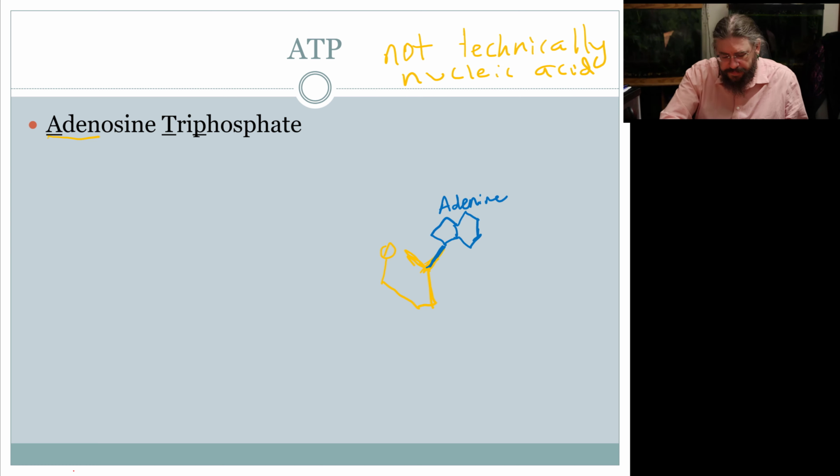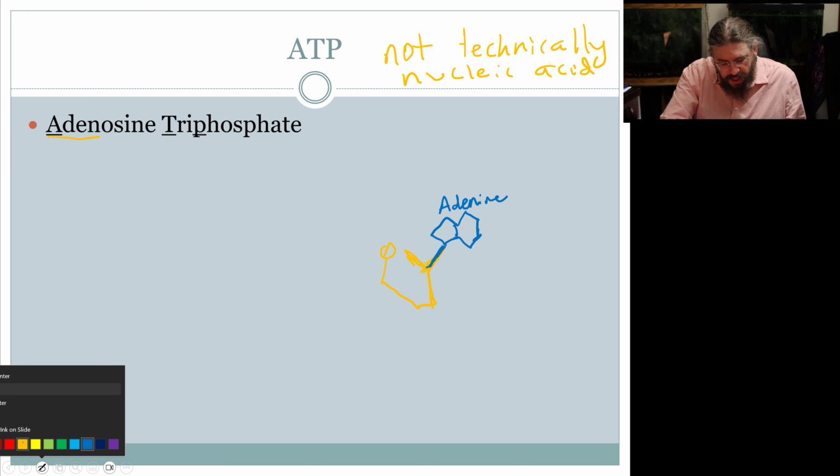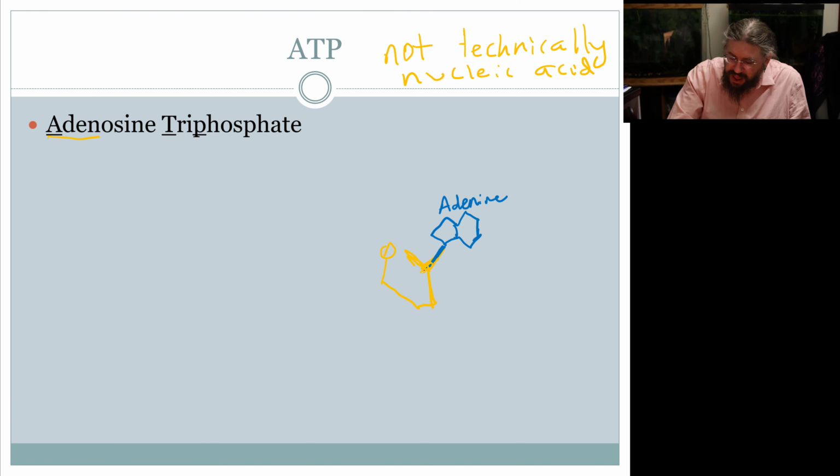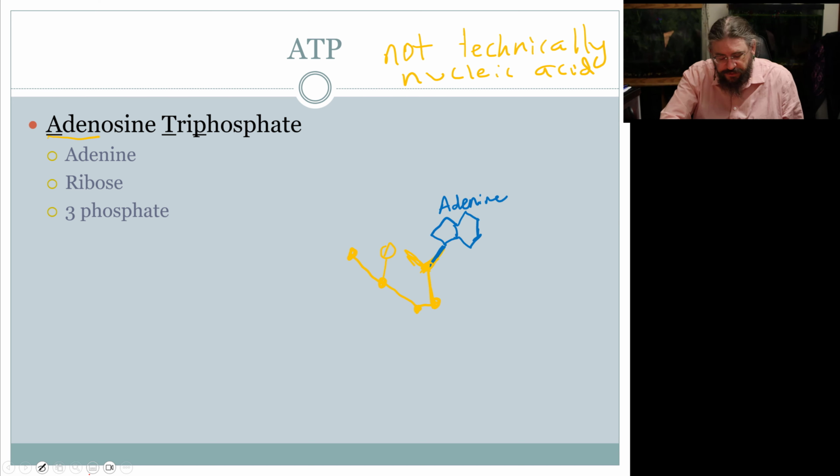Again, we have our 1, 2, 3, 4, 5 carbon sugar, and it is ribose. And connected to that ribose are 3 phosphate groups. So it has similar ingredients, right? A nitrogenous base, a 5 carbon sugar, and phosphate.